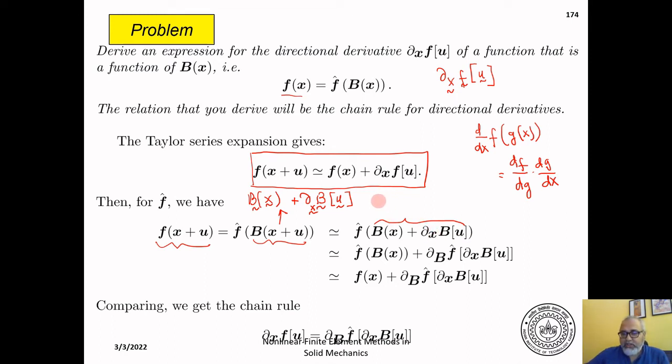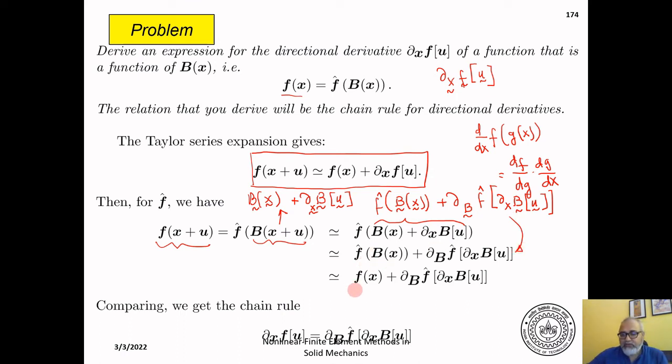So this would be f hat of b of x, plus the directional derivative with respect to b of f hat in the direction of that. Right. So that's what this step does.